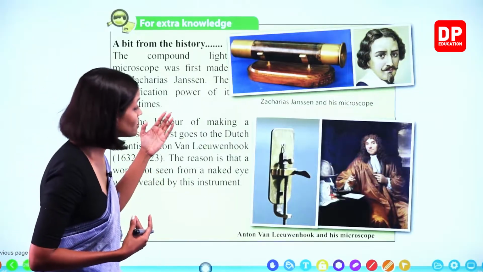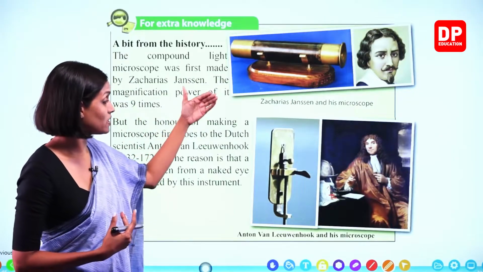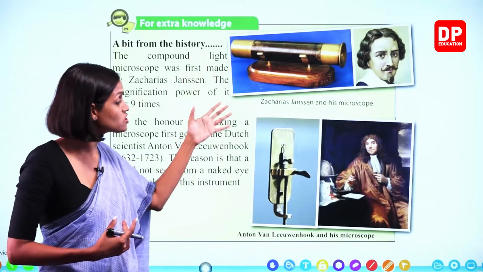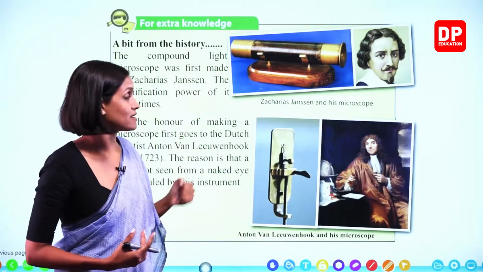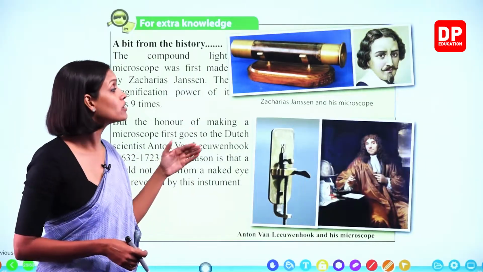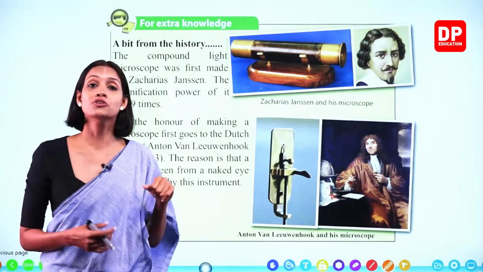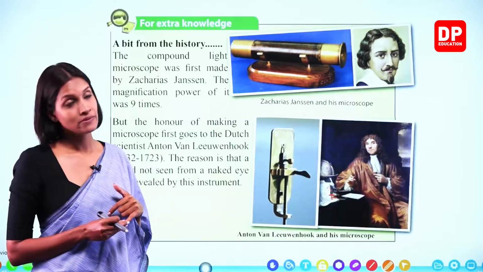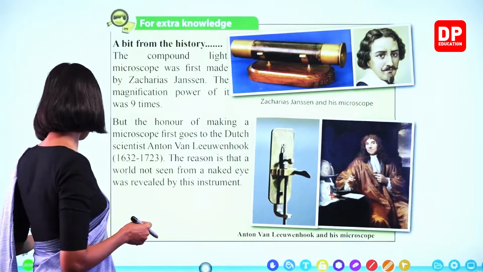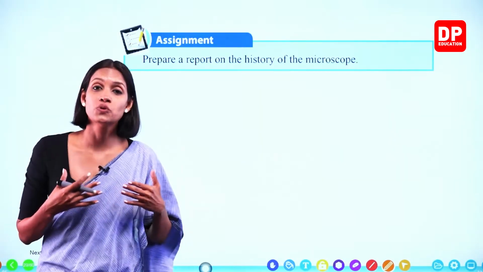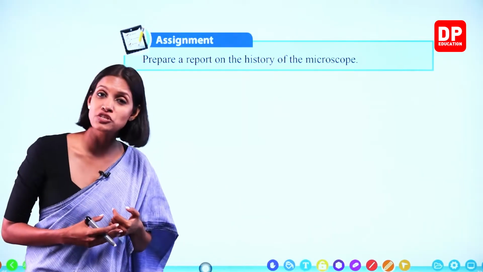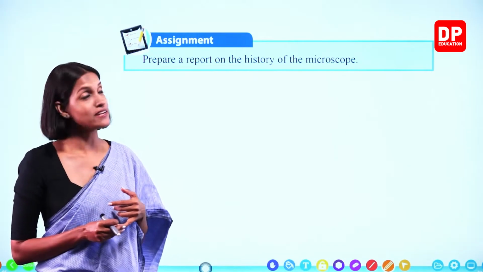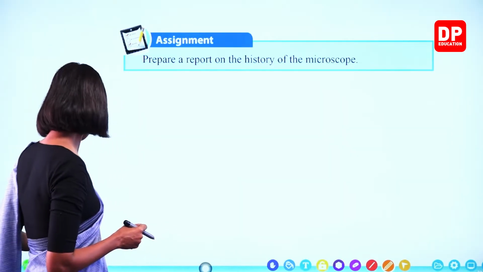You can read more about other people who tried to develop this microscope, which was invented by Zacharias Janssen. So you can find more details about those scientists as well. Or you can read books. Go to your school library and you can refer to books and find more information as well. Okay, we'll move on to the next.